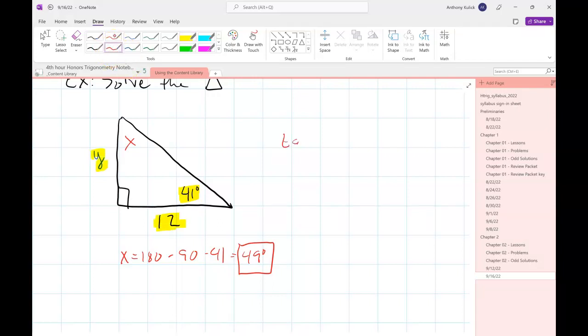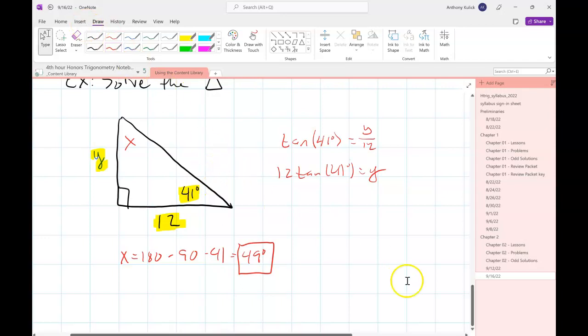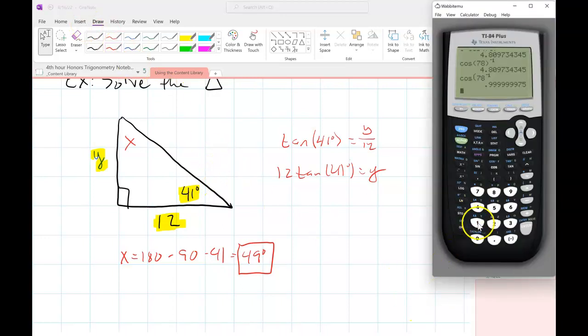So I am going to be using tangent. To solve for y, I multiply both sides by 12, and then I just type it into my calculator. And I get about 1043.